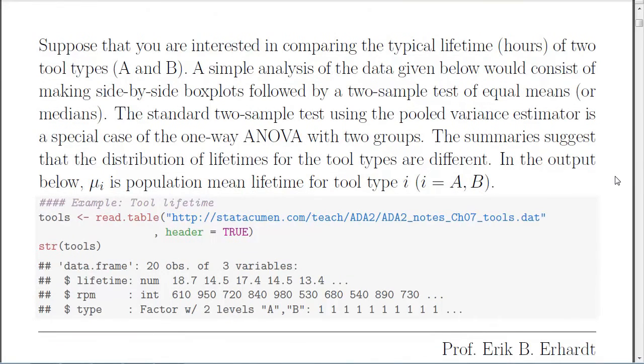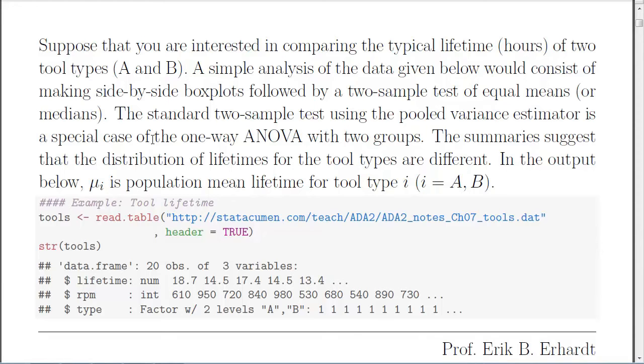So, as a trivial example, and also this is a made-up example, let's imagine we have some tool data where we're looking at the lifetime of the tool with respect to how fast that tool is spinning, RPM, revolutions per minute, as well as the type of tool.